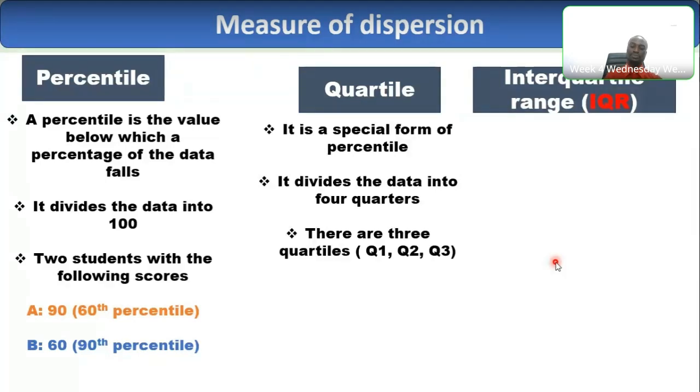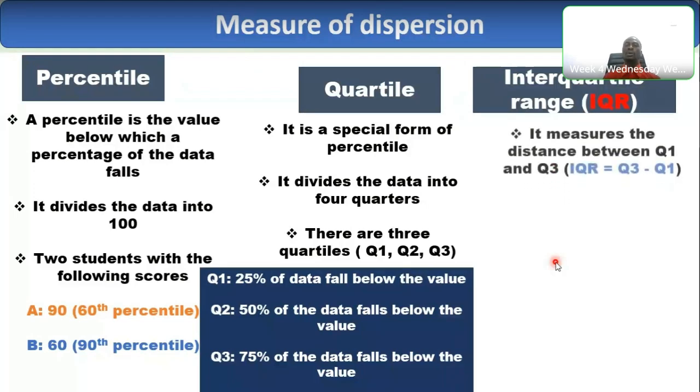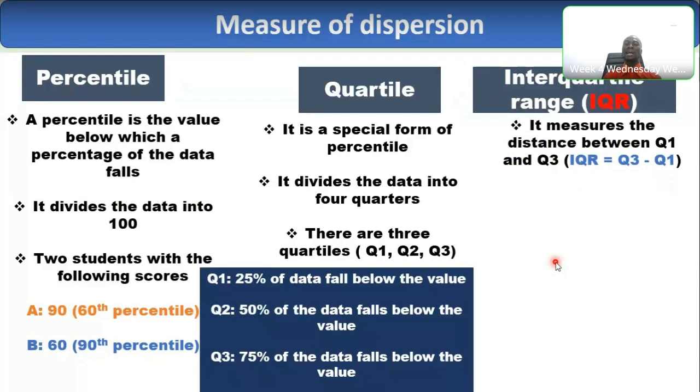Now, like I said before, Q1 is where 25% of data fall below that value. Q2, 50%, which is also the median, and Q3 is 75%. Now, we have what is called the interquartile range. So you can see that interquartile range is a range between the quartiles.